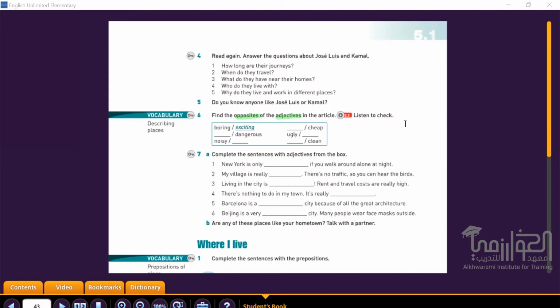Yes, the opposite of dangerous here from the article is safe. Sorry, my keyboard was in Arabic.